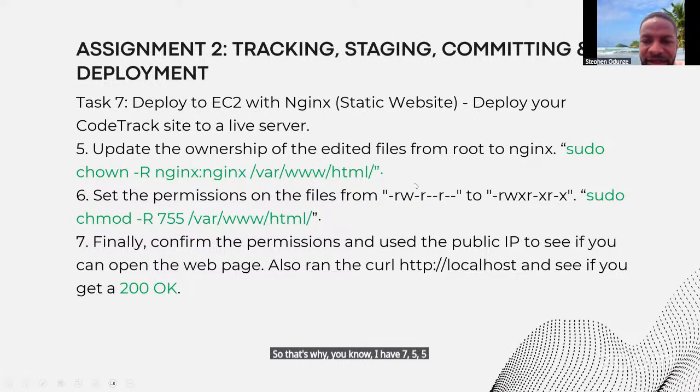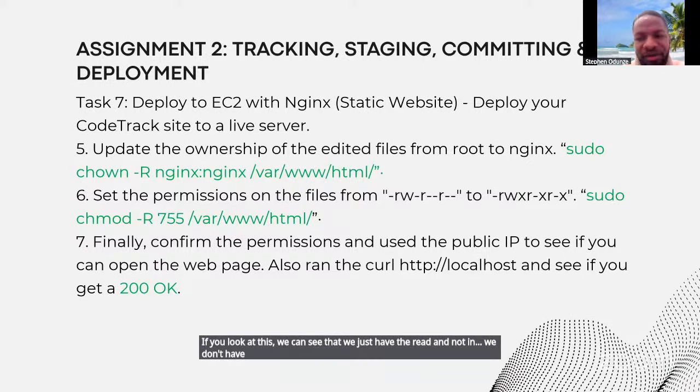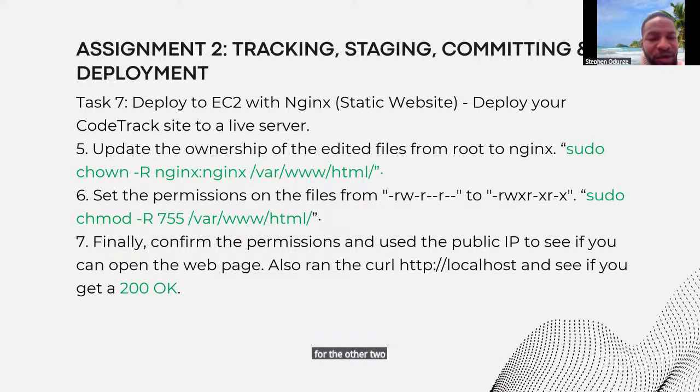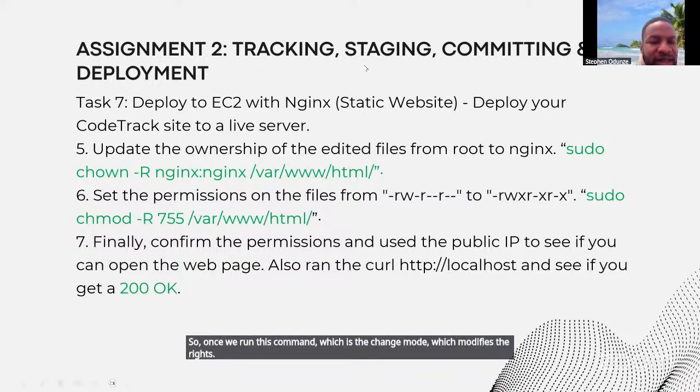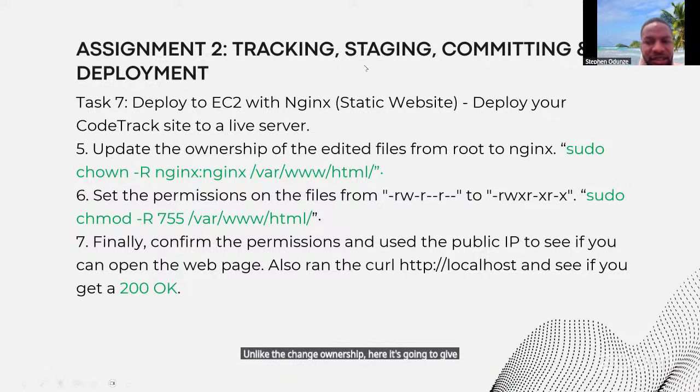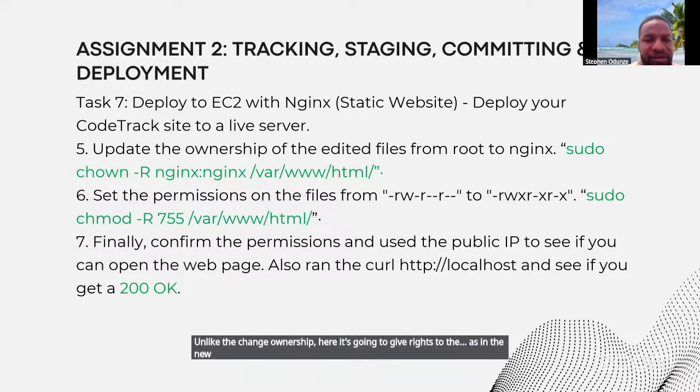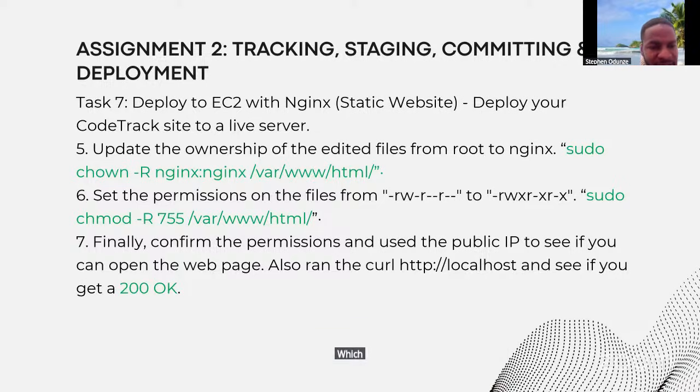This 5 here means that we just have the read and execute, but no write for the other two groups. So once we put the 5, it gives them the read and execute. Once we run this command, which is the change mode, which modifies the rights, unlike the change ownership, it is going to give rights to the new owner of this file, which is the Nginx server.